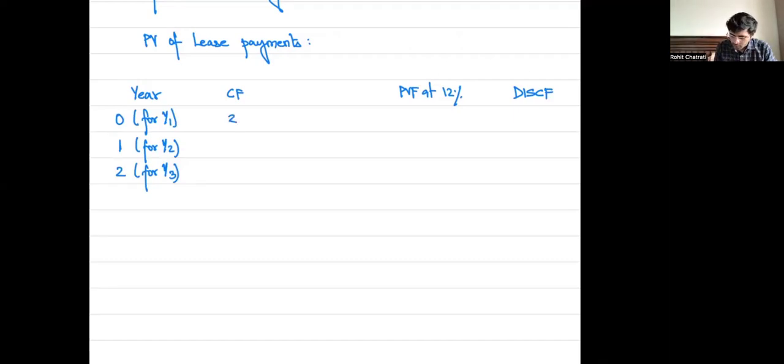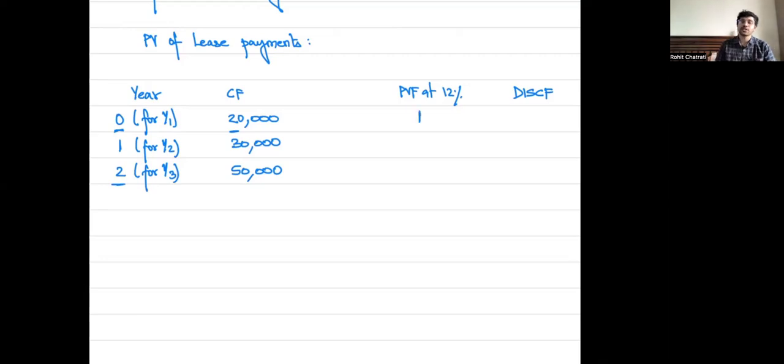So the cash flows are going to be 20,000, 30,000 and 50,000, but the timing is actually different. Earlier, we presumed that 50,000 is being paid at the end of year 3. Now 50,000 is being paid at the end of year 2 or beginning of year 3. Same way, 20,000 is supposed to be paid at the beginning of year 1, which is also represented by year 0. Now, because the timings are different, the present value factor will be different.